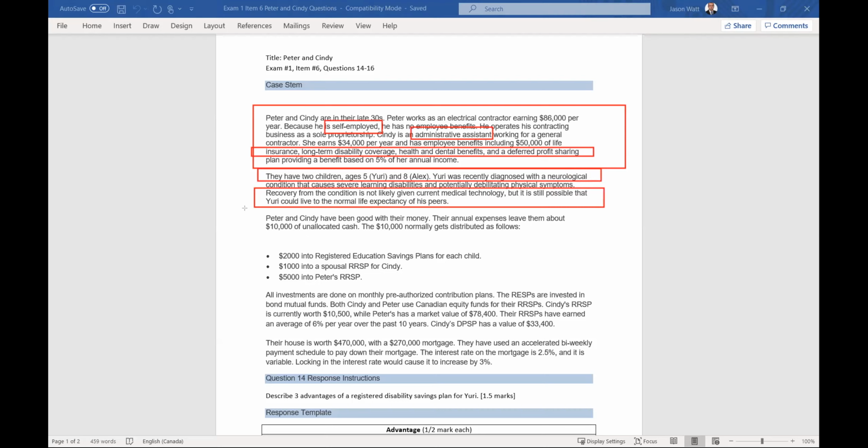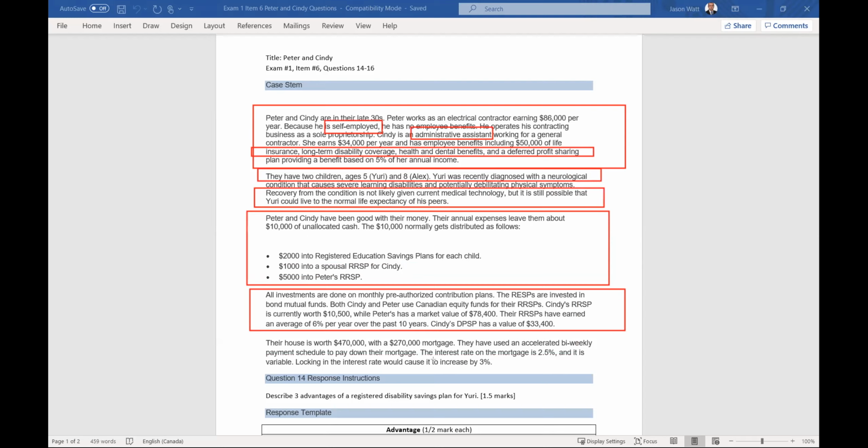Okay, we've got this $10,000 that they allocate every year in this manner. Got a little description of what they've got invested. And we have a description of their house and their mortgage.